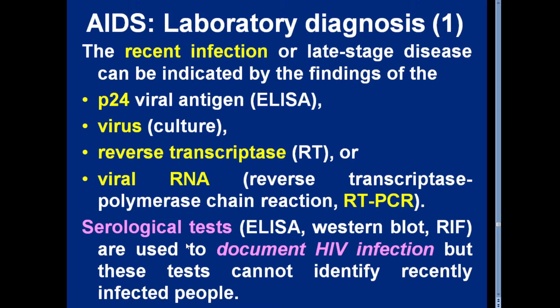This method is now also used for detection of coronaviruses. And serological tests: ELISA and Western blot are used to document HIV infection, but this test cannot identify recently infected people.